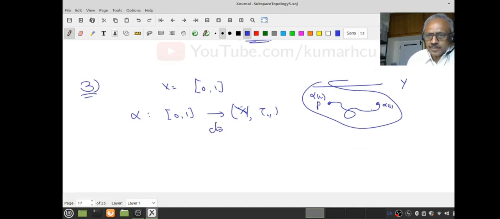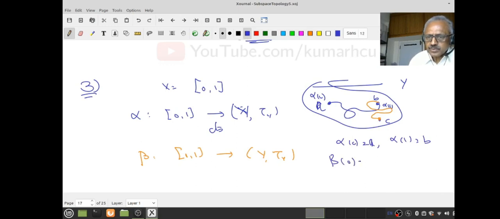Now suppose this is point P, this is a point A, this is a point B. Suppose there is another path connecting B to C. Suppose beta is a path connecting B to C. Therefore, I have alpha of 0 equal to A and alpha of 1 equal to B, and beta of 0 is B and beta of 1 is C. Now if you look at the picture, you can see there is some kind of a path from A to C, namely you go via alpha up to B and then follow it up by this.